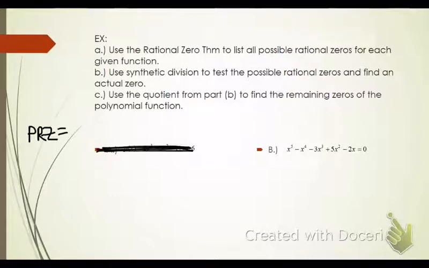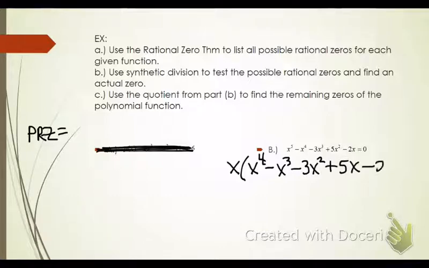Our possible rational zeros will be formed from the factors of the constant term. Well, when you look at this, you really don't have a constant term until you factor out an x. So if you factor out an x, you're left with x to the 4th minus x cubed minus 3x squared plus 5x minus 2.